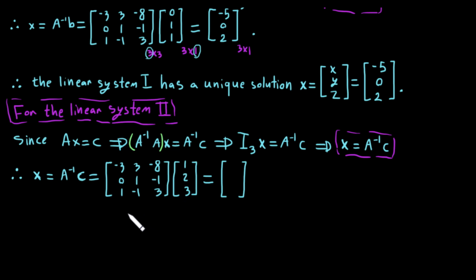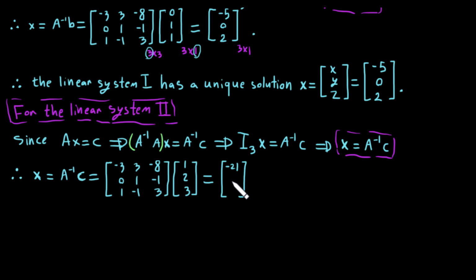-3 multiplied by 1 is -3, plus 3 multiplied by 2 is 6, plus -8 multiplied by 3 is -24. So -3 plus 6 is 3, and 3 minus 24 is -21. So here I write -21.